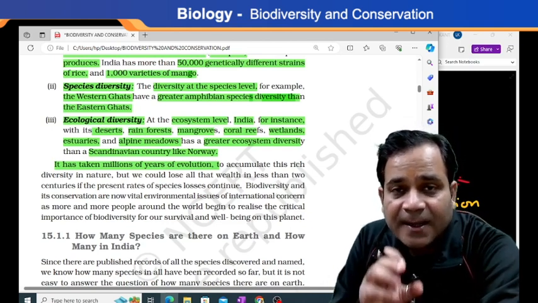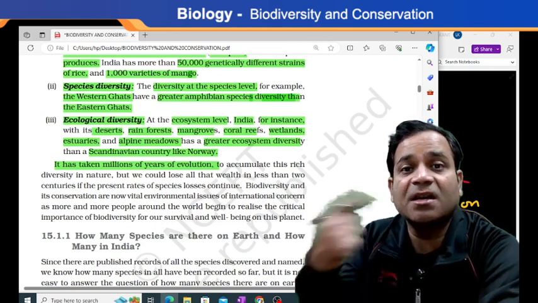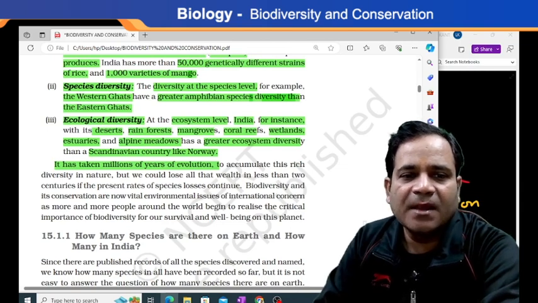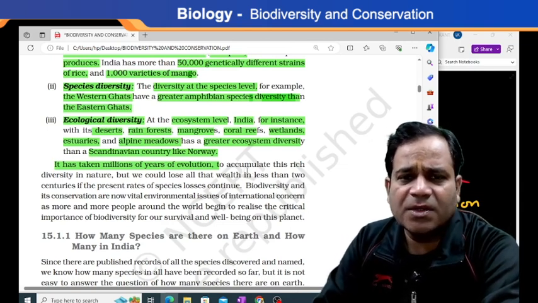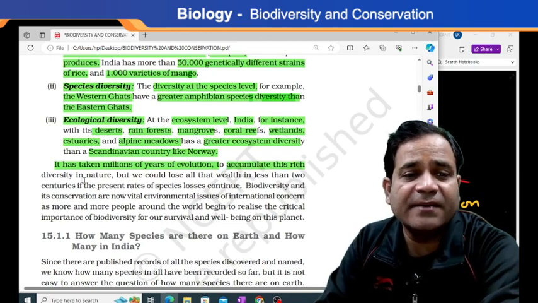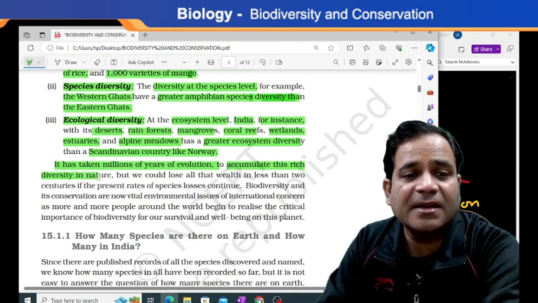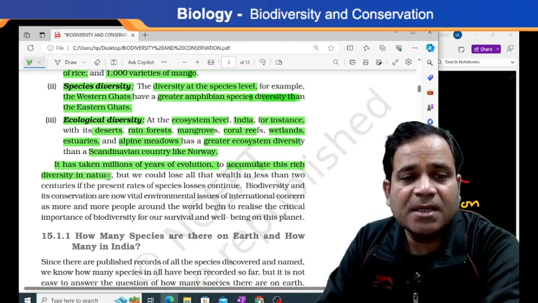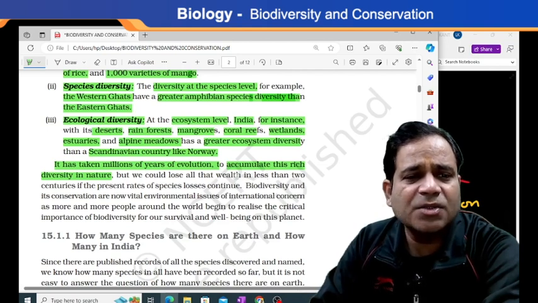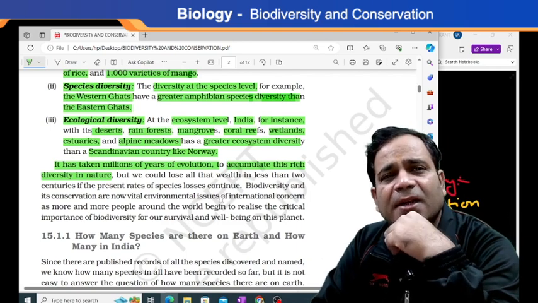And sexual reproduction causes what? Variation, and variation gives a result of what? Evolution, my dear. So it took millions of years of evolution, and this accumulated this rich diversity in nature. But would we lose all this wealth in less than two centuries if the present rates of species loss continue?